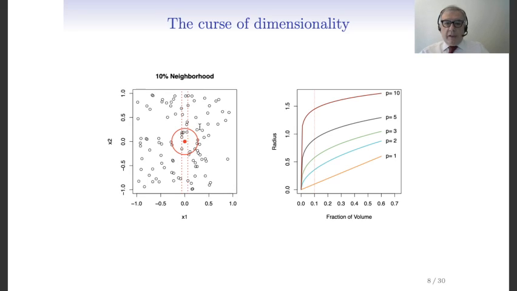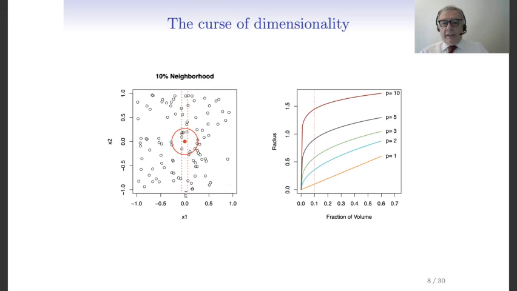So here you have x1 and x2. You can imagine that these are two feature variables, and if I consider just x1, the notion of neighborhood brings you a band.